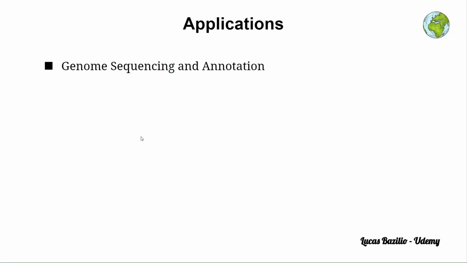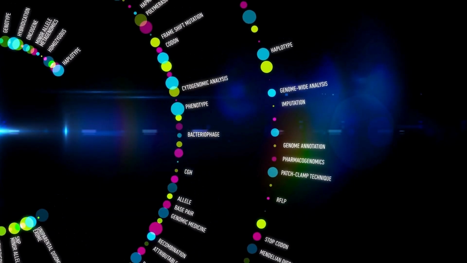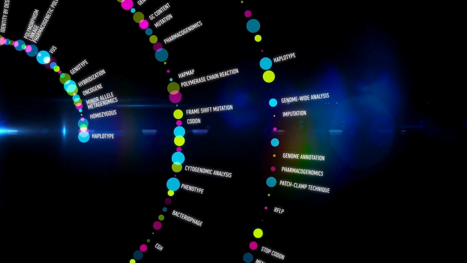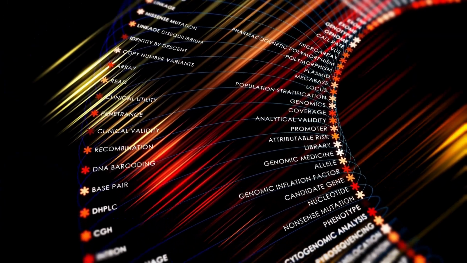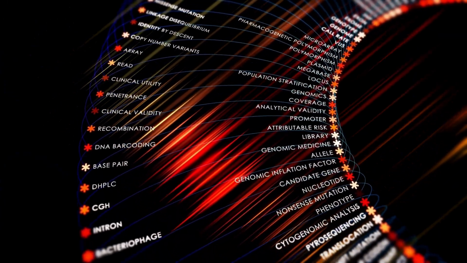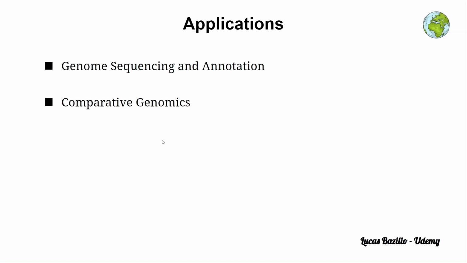Moreover, bioinformatics enables the comparison of genomes from different species, thus helping researchers understand evolutionary relationships and identify conserved genes and functional elements.